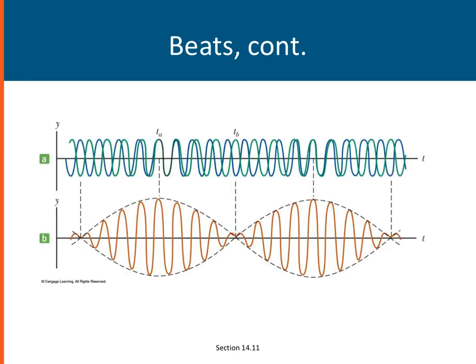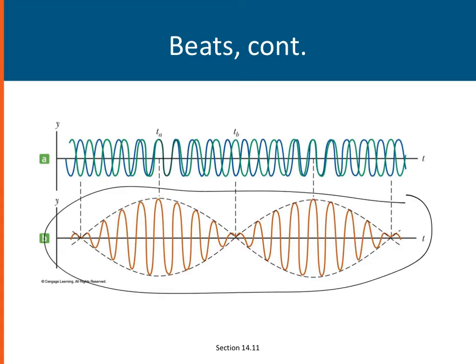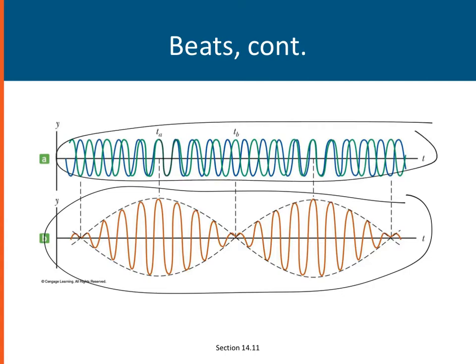So here the beats are shown, so you can see that there's two different waves, and when they are constructive and destructive, they kind of build the shape in part B that you're seeing. So these ones added up in part A become part B, and so the loudness increases because of the two frequencies kind of adding together or canceling each other out at different spots. And so that's what causes the beat.